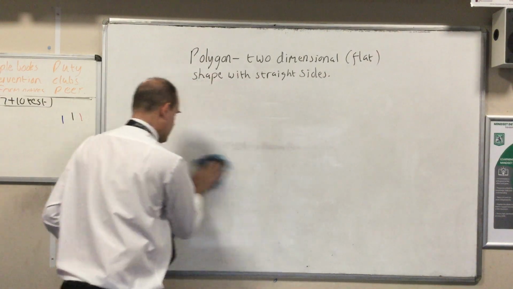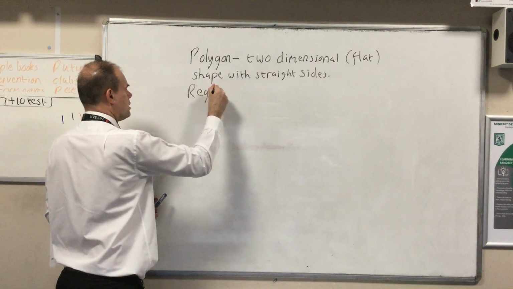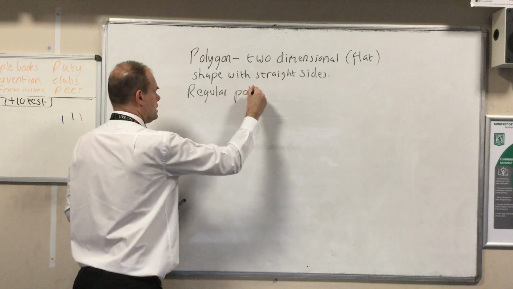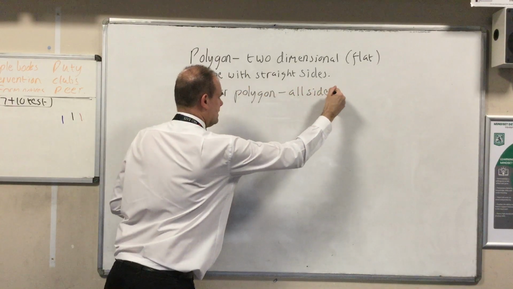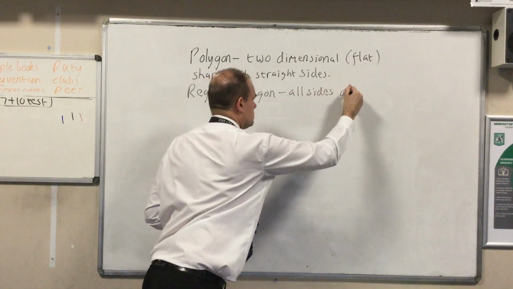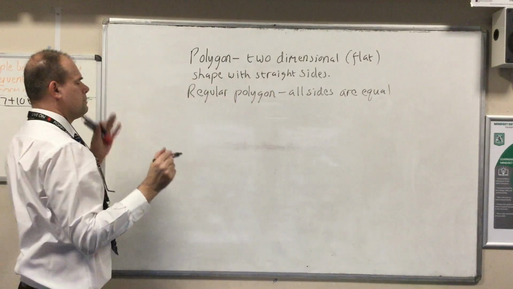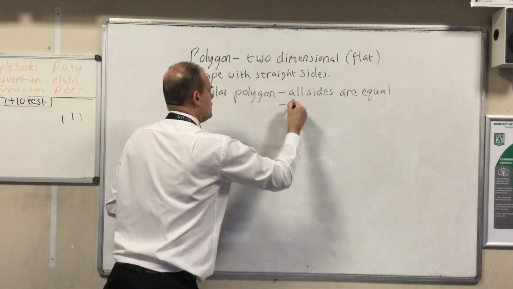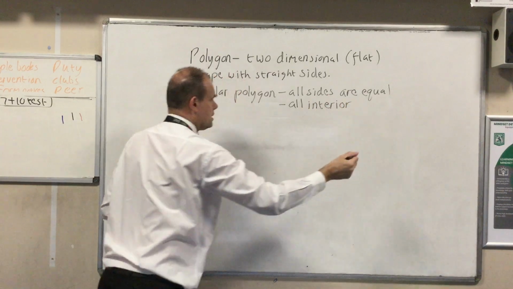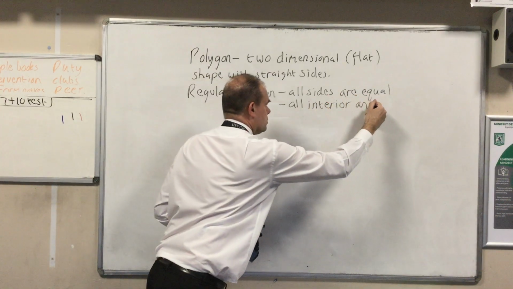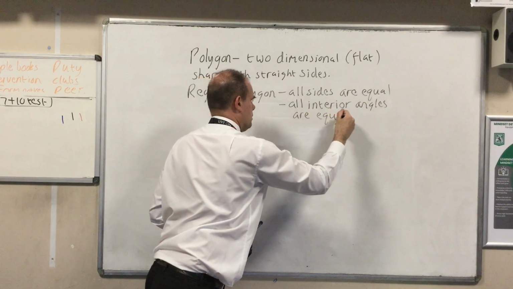Now, I've already said this, but if you've got a regular polygon, that means all sides are equal, but not just that. It's all symmetrical around it. All interior angles, that's the angles inside, it's a fancy word like interior design, are equal, and all the exterior angles are equal too, but I'm not worried about that.